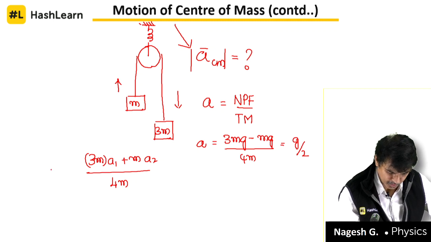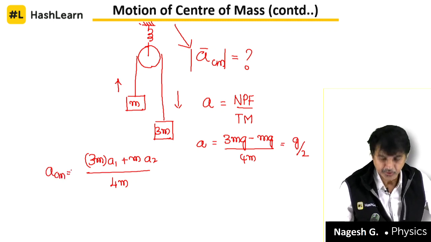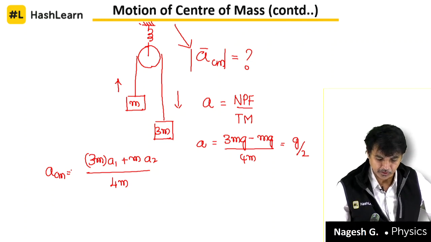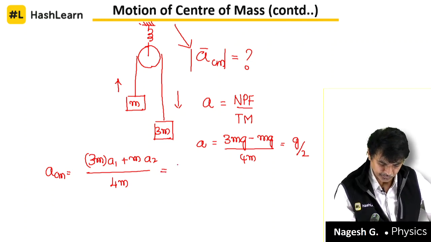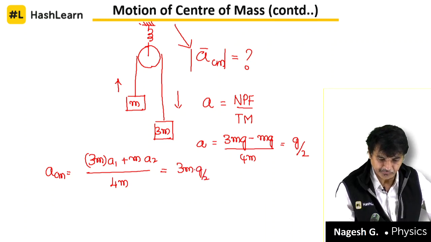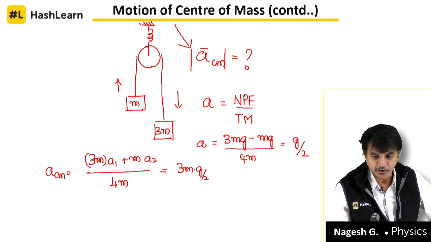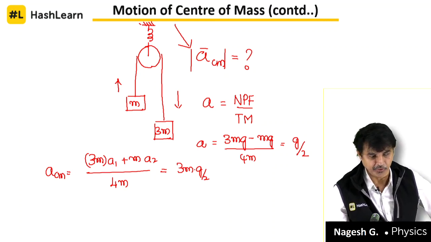As per the formula, acceleration of the center of mass is equal to m1 a1 plus m2 a2 by m1 plus m2. That is 3m into g by 2. 3m is coming in the downward direction, m is moving in the upward direction. We know that acceleration is a vector quantity.